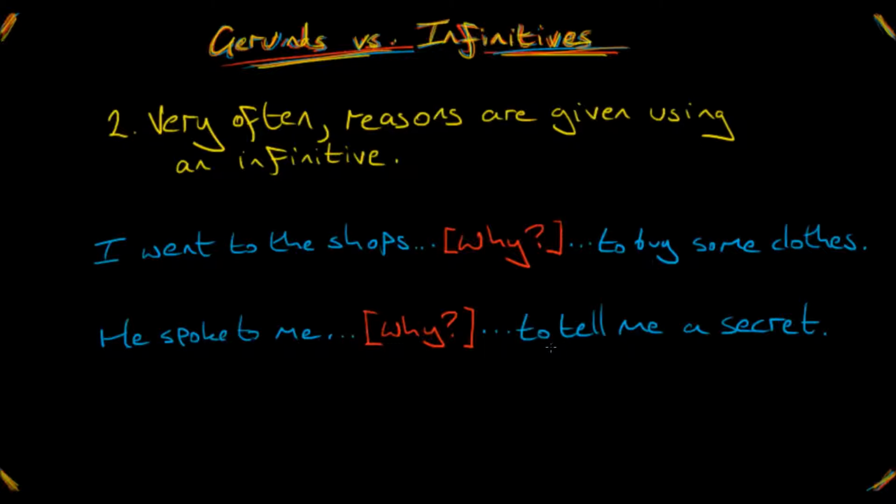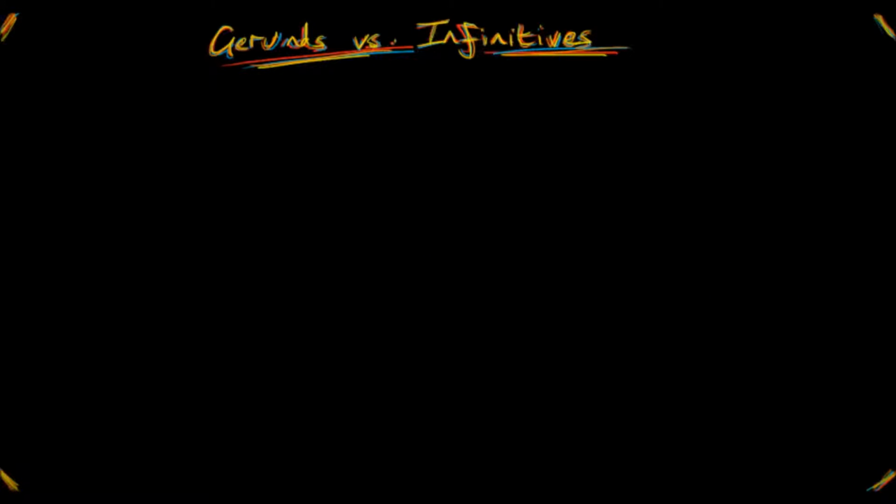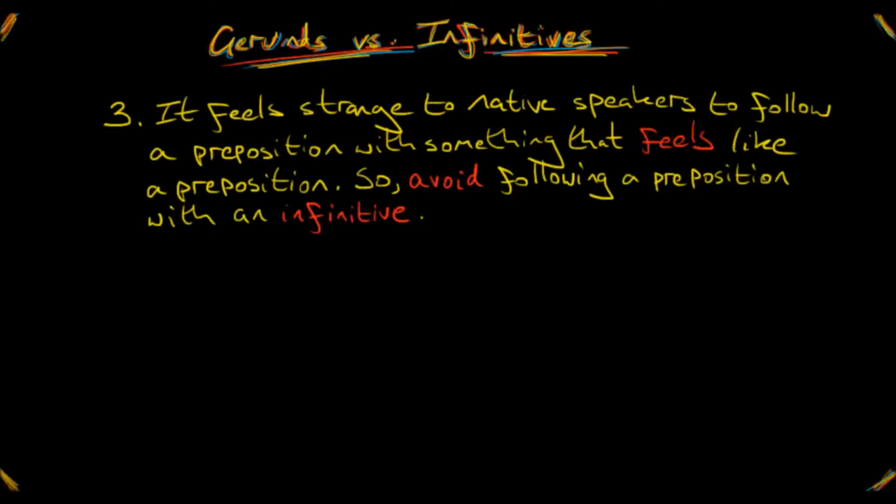Let's take a look at concept number 3. Here we go. It feels strange to native speakers. Of course, we're talking native speakers of English here. It feels strange to native speakers to follow a preposition with something that feels like a preposition.